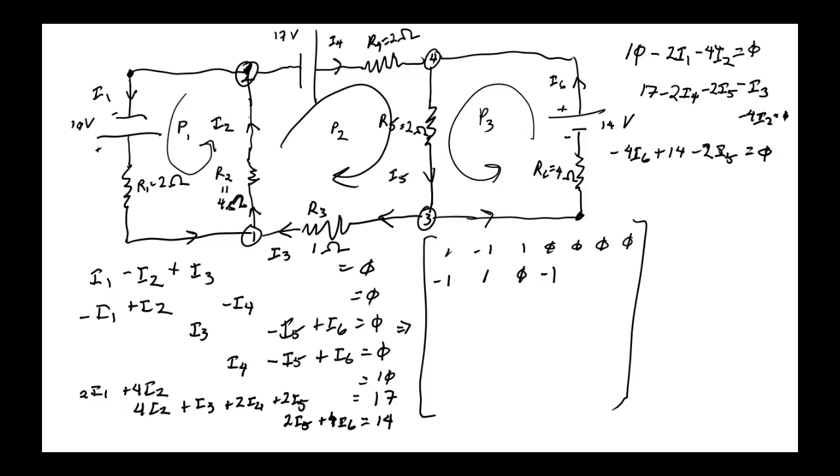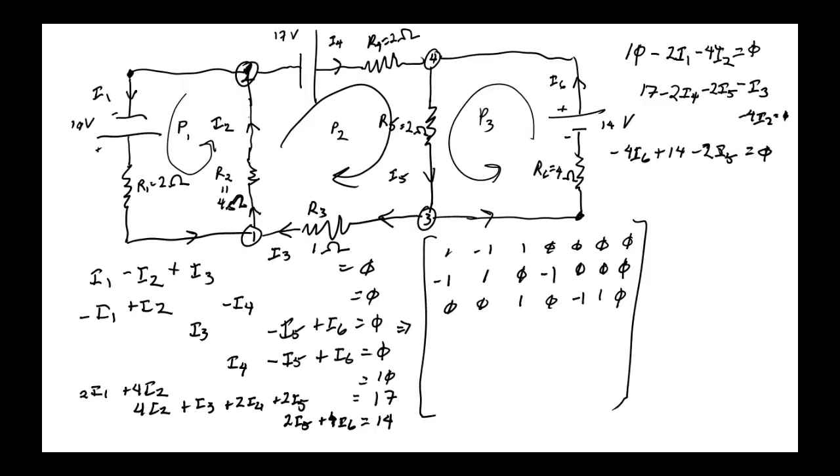This is junction 2. 1 going out, that's a minus 1. 2 coming in, that's a plus 1. And 4 going out, that's a minus 1. Okay? And then the others are 0, 0, 0. The third one now is 0, 0, 1, 0, negative 1, 1, 0.